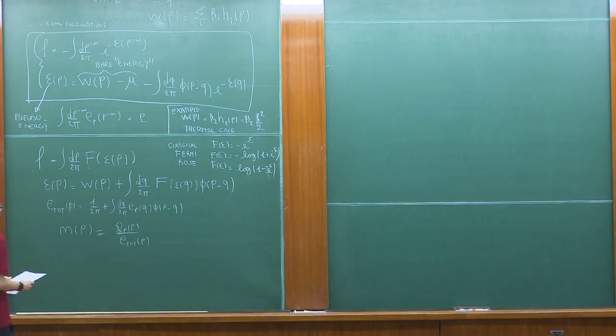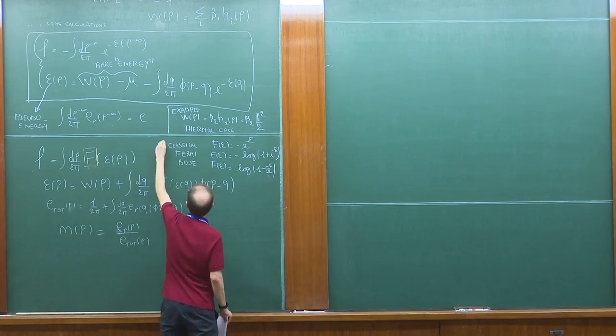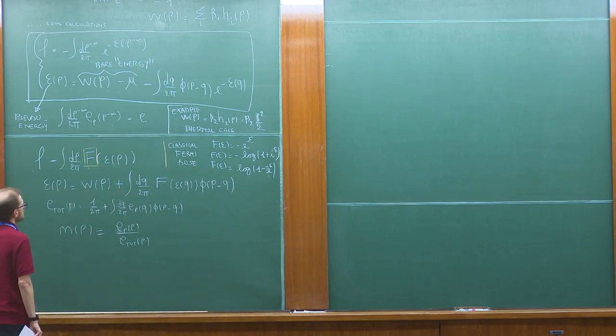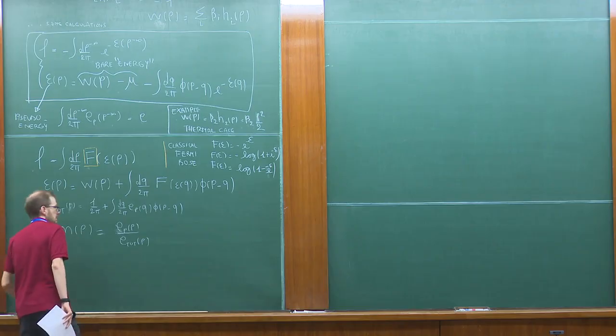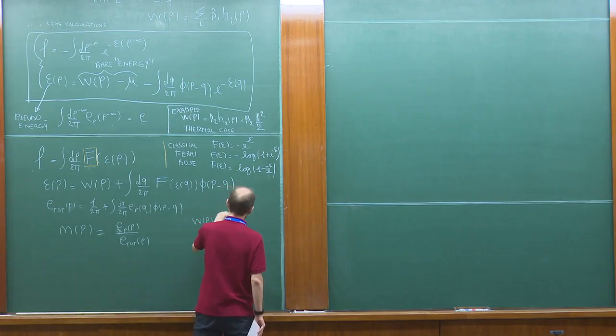And then, okay, this is an input. Let me use colors. Then another input, of course, is inside the W. This is the W is, I just write it again.